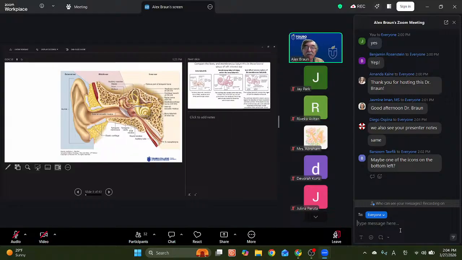The external acoustic meatus is lined by skin which possesses glands: hairs, sebaceous glands, and a special type of gland, which is a modified apocrine sweat gland called a ceruminous gland.